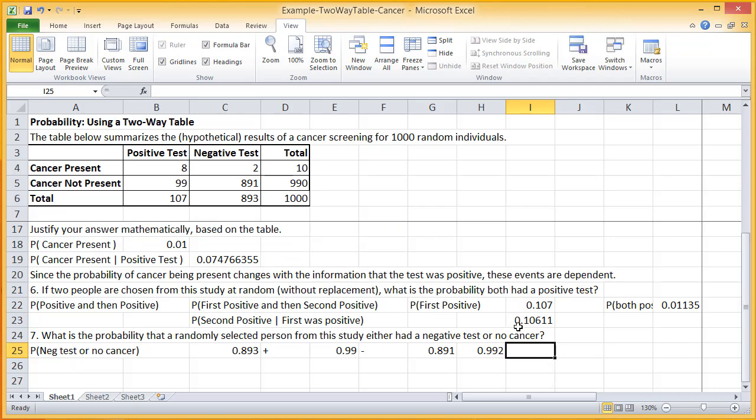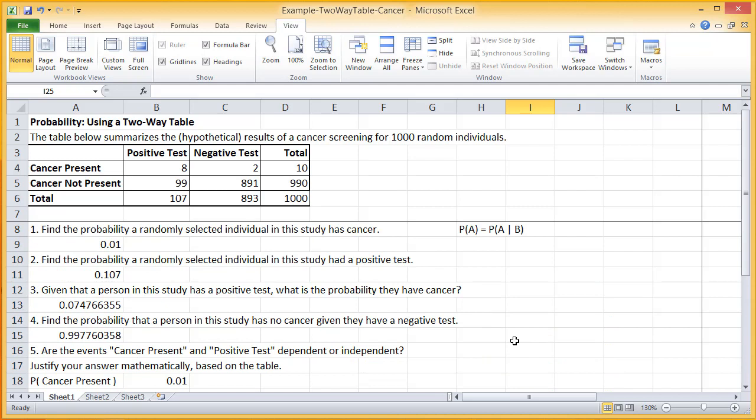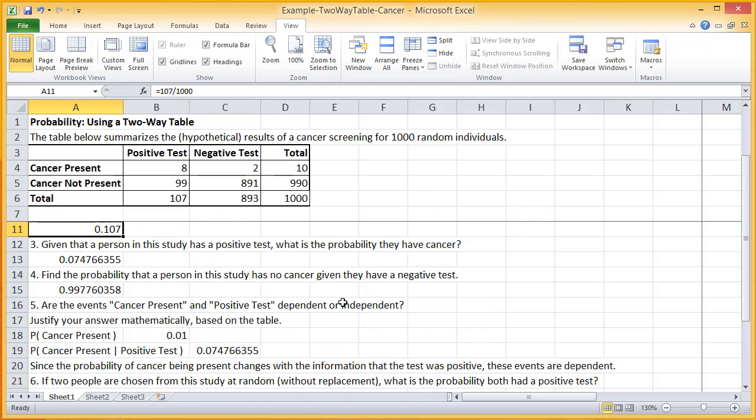So a quick recap. What did we do in this exercise today? We learned how to use a two-way table to find these total columns and rows that will be useful for us. We learned how to use the two-way table to find a probability that an event happens. We learned how to find a conditional probability where the keyword is given.